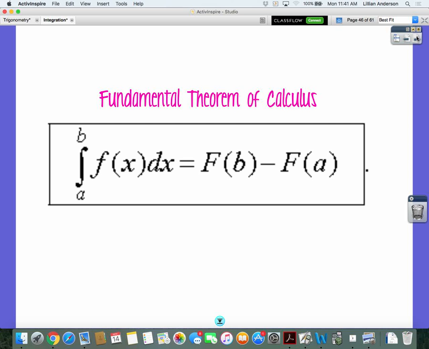So we still take the antiderivative as normal, but we actually are getting a value when we plug in B and subtract it when we plug in A. So these are for your more explicit functions, okay? When you're actually given something like x squared or, you know, x squared plus 4 over 3x minus 2, right?